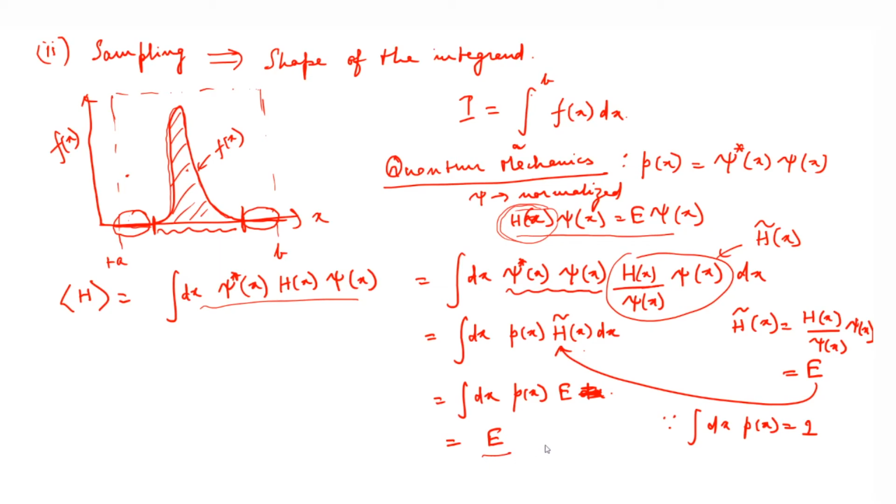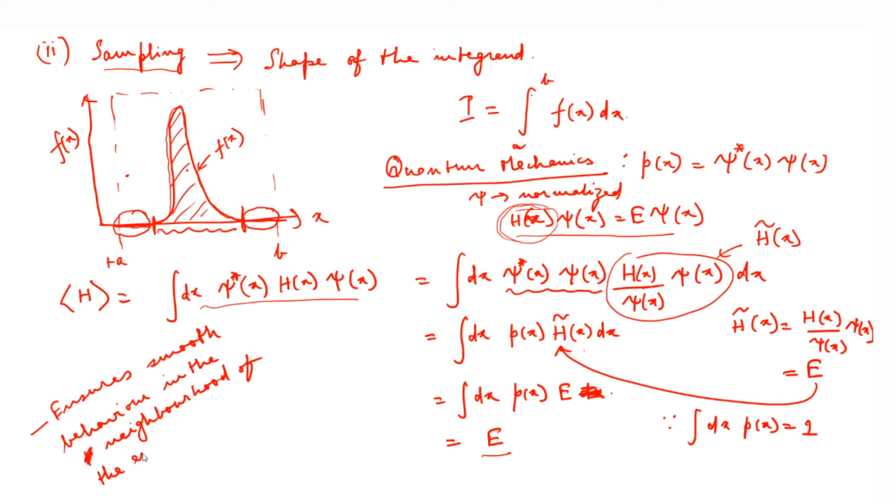So, the idea is that in this type of sampling, you choose a set of random numbers whose probability distribution function p x matches the shape of the function. It ensures smooth behavior in the neighborhood of the exact solution. So, this is the idea of how one can improve the sampling.